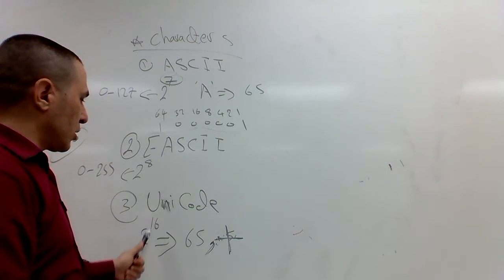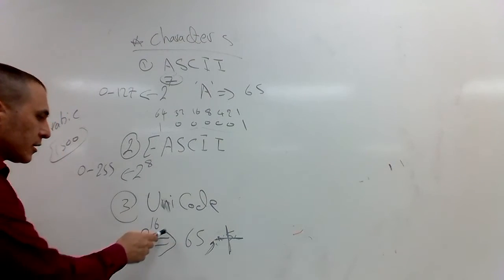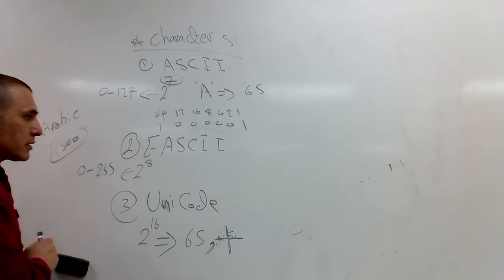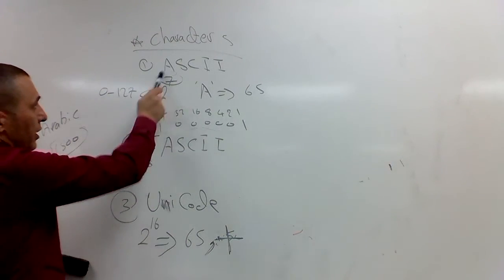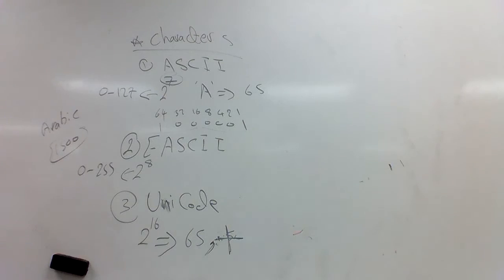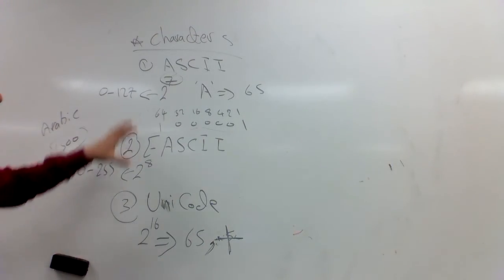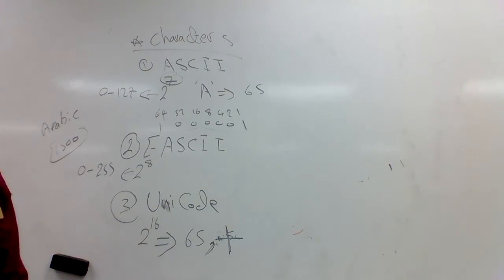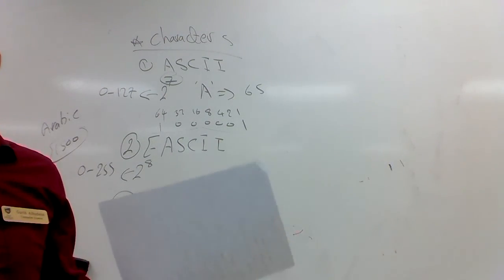Unicode, 2 to the power 16, meaning 16 bits for every character. Extended ASCII, 8 bits for every character. ASCII, 7 bits for every character. So we covered representing characters, representing numbers, and negative numbers. We still have to see how to represent floating points, and we can explain that using the 40-bit simple model.